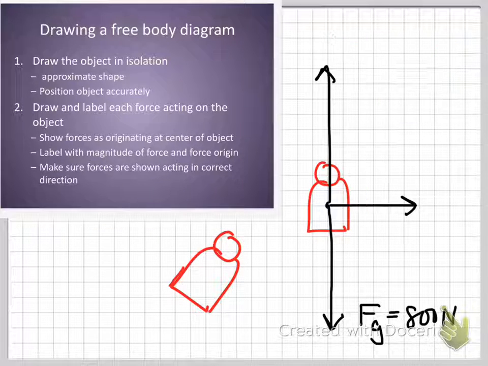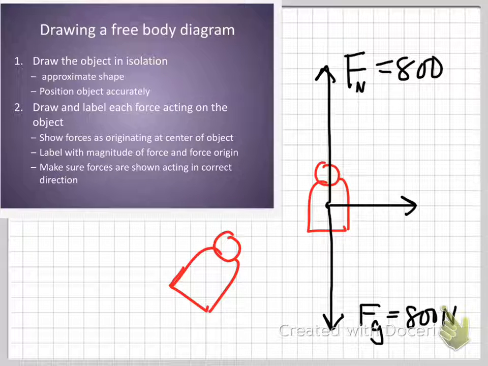I'm going to get rid of that. The floor is exerting a force upward on this individual. Now, you don't know the formal name for that yet. It's normal force, but we'll get to that, I think, in the second row. So we'll just go ahead and label it as normal force. And let's say that's also 800 newtons.